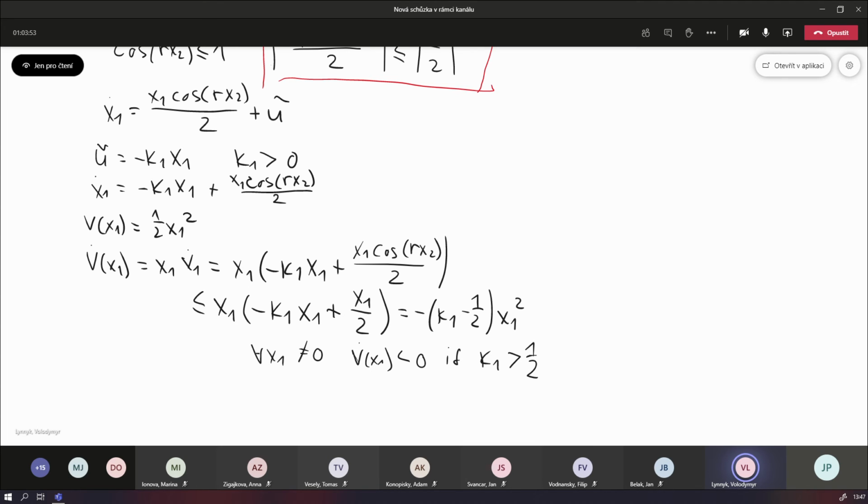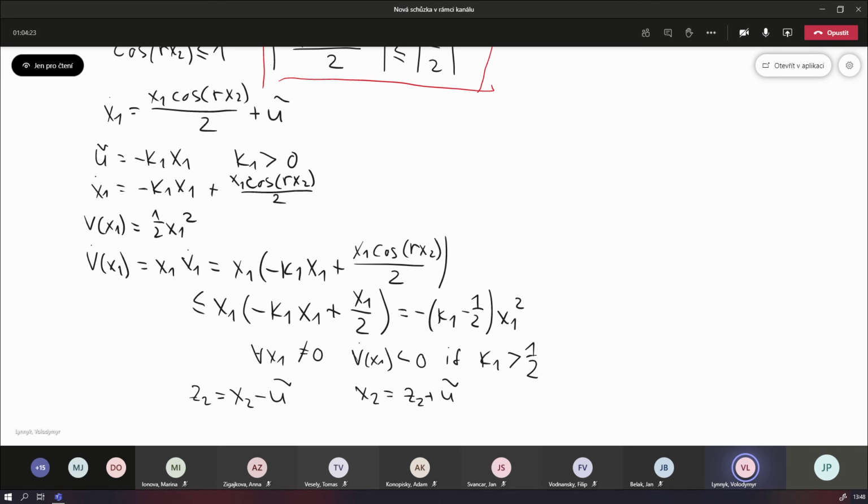Now we need to make step 2. Step 2 is z2. Define the next variable z2 equal to x2 minus u with wave, and x2 equal to z2 plus u with wave.